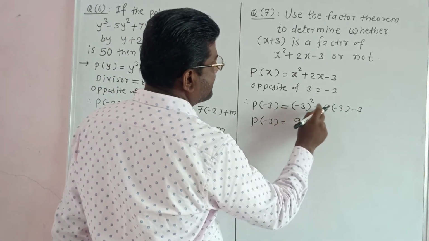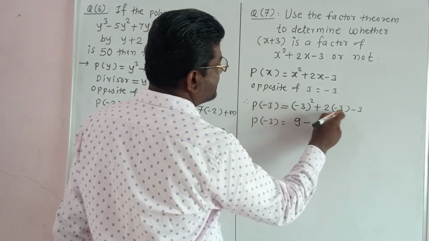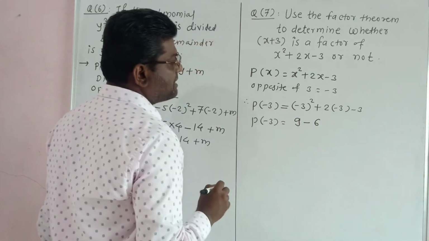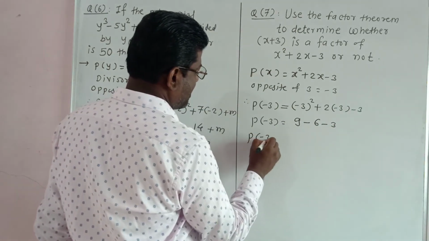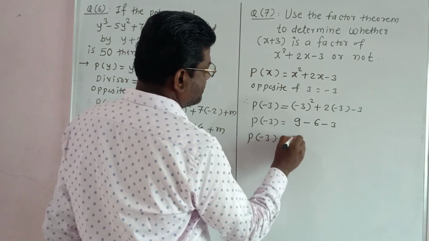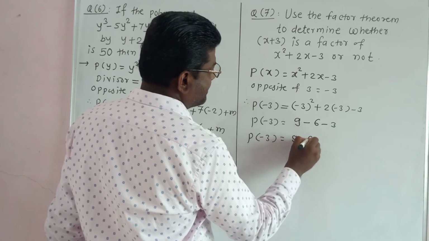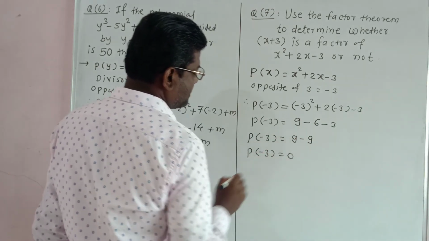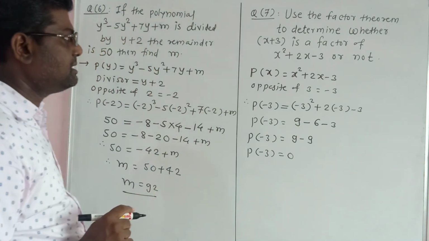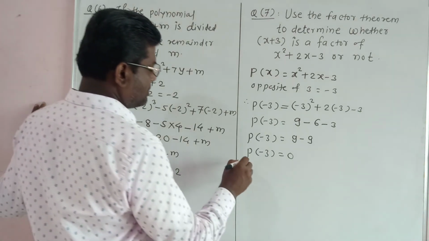Now this minus and this plus will be minus, 2 into 3 is 6, and minus 3. Therefore p(-3) = 9 - 9. So p(-3) is equal to 0.